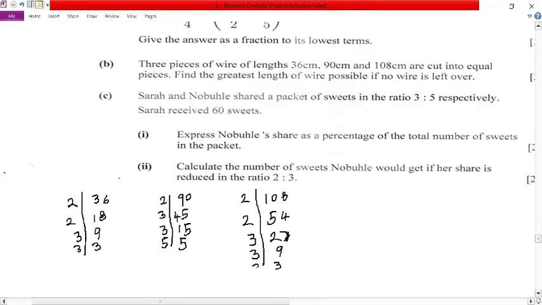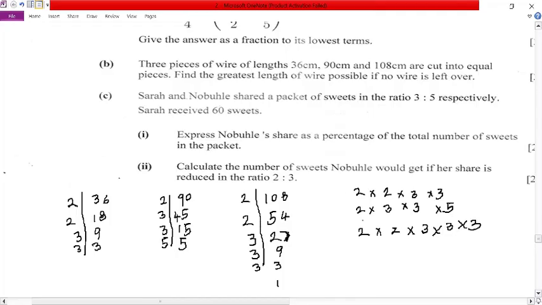Divide by 3 again, then we get 1. So it's 2 times 2 times 3 times 3. Then the other one is 2 times 3 times 3 times 5. Then the other one is 2 times 2 times 3 times 3 times 3.